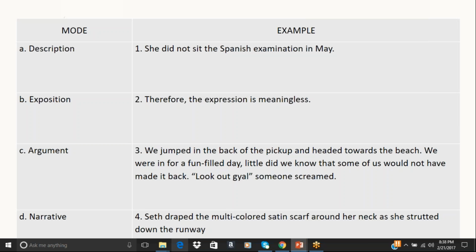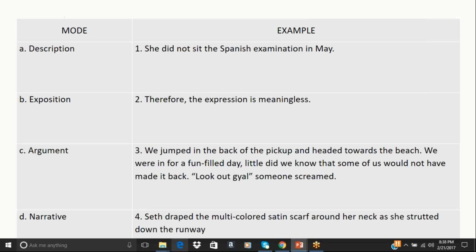Very good. So if you're saying therefore, as you rightly said, it's coming after a point, but not only that, as Jordan said, it sounds like there is some form of a rebuttal taking place. Somebody has made a particular point, and you want to show them that they are wrong, so you use a word like therefore, the expression is meaningless. So it obviously sounds like part of an argument or persuasive piece.